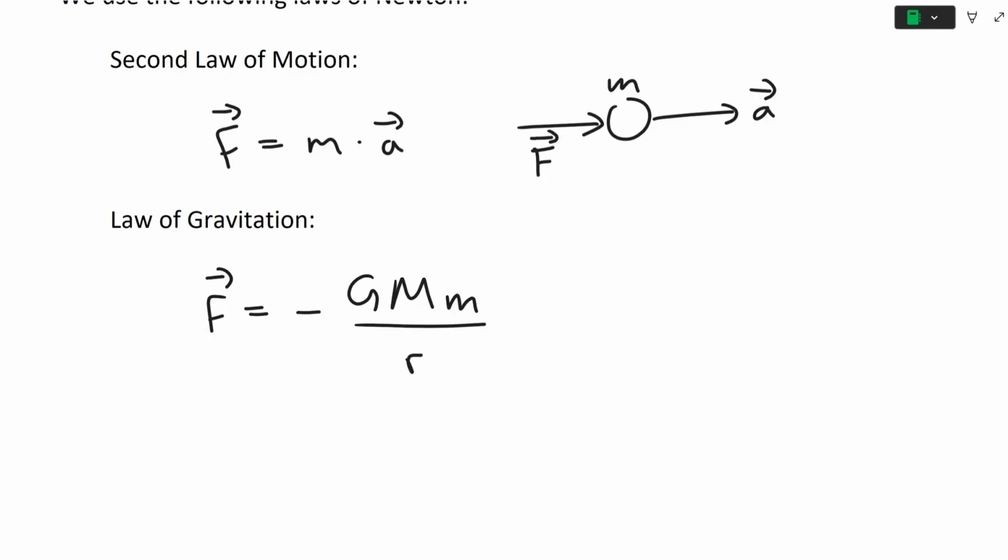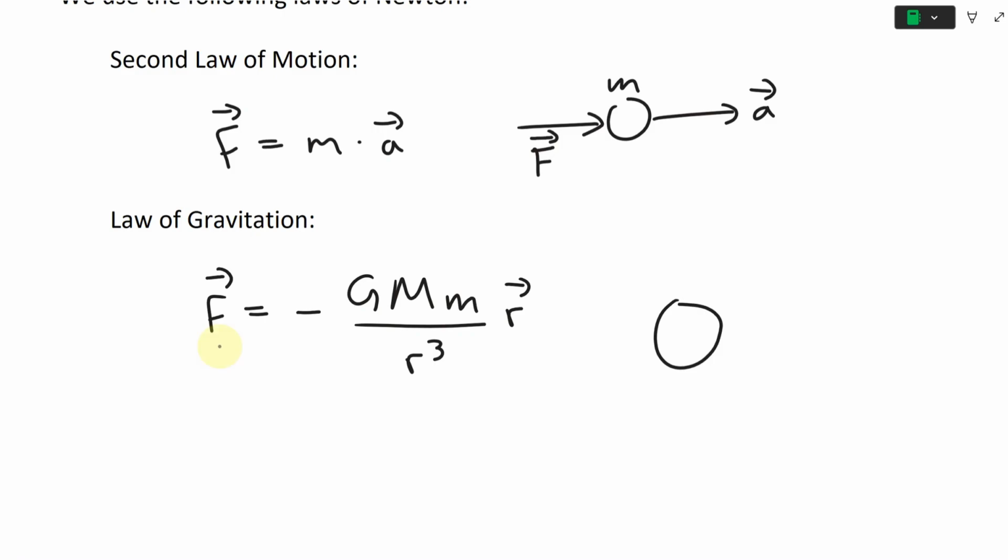This is the distance between them cubed, and that's r, times the position vector r, in the direction of the position vector. If you have the sun, for example, I'll make a big one right here.